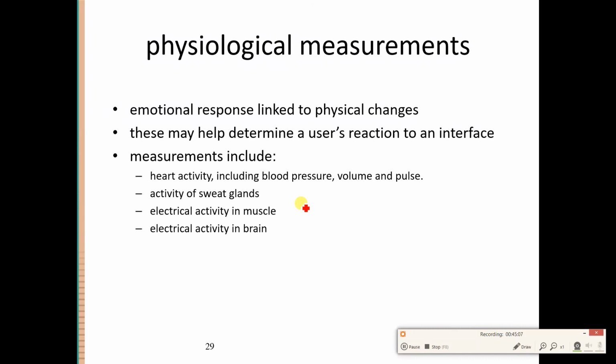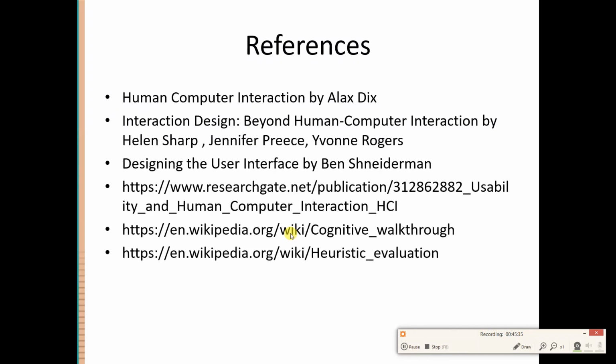Or the electrical activity in the brain, maybe for some special people or people who are disabled who are trying to control the system with the brain. We can have some kind of sensor on the brain and measure which part of the brain is being used to control the system, the right part or the left part, or something like this. So this is the end of the lecture about evaluation.